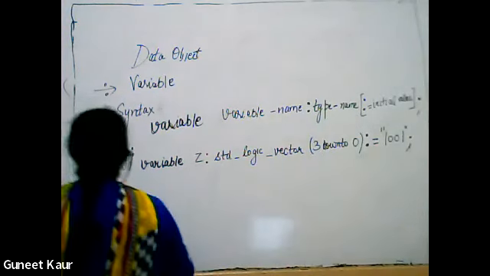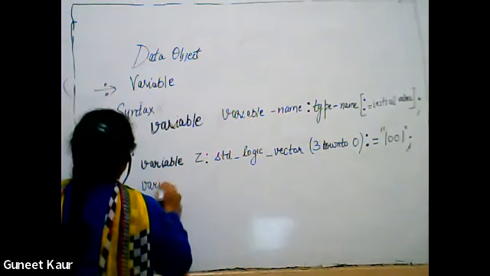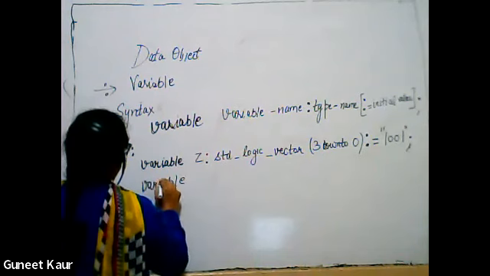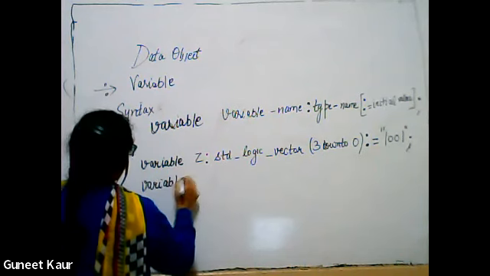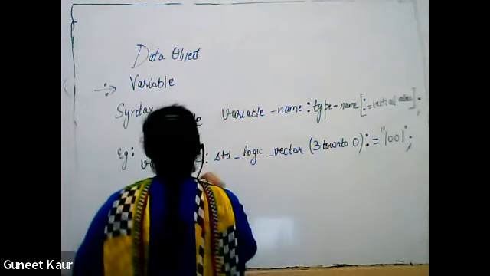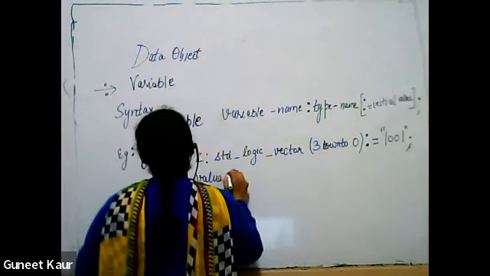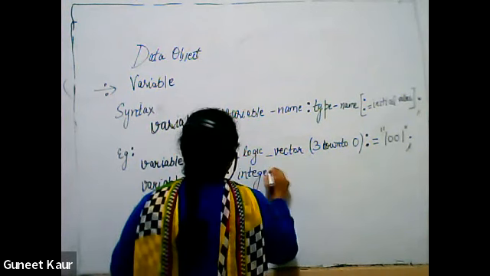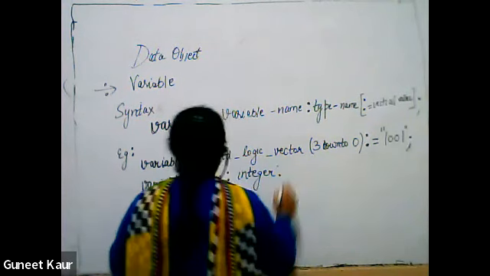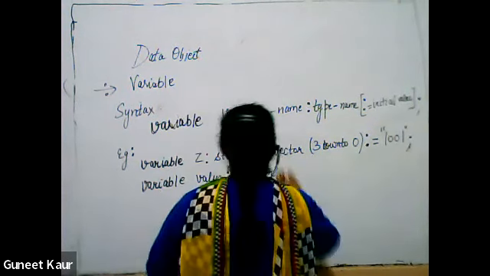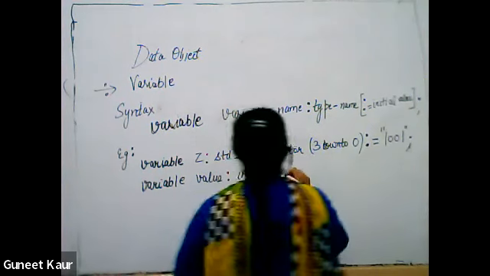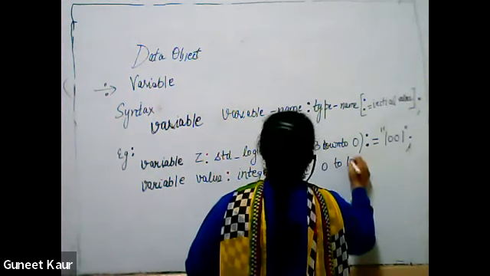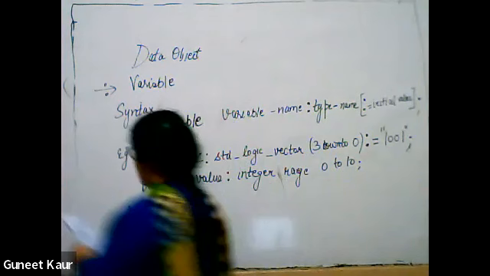Next is variable value colon integer range 0 to 10, semicolon.